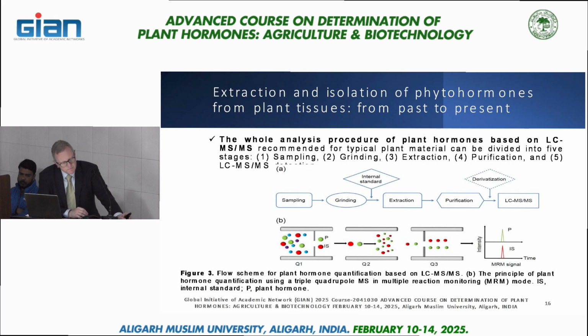The whole analysis procedure of phytohormones based on LC-MS recommended for typical plant materials can be divided into 5 stages. The first is sampling, the second grinding, the third extraction, the fourth purification, and the last detection.